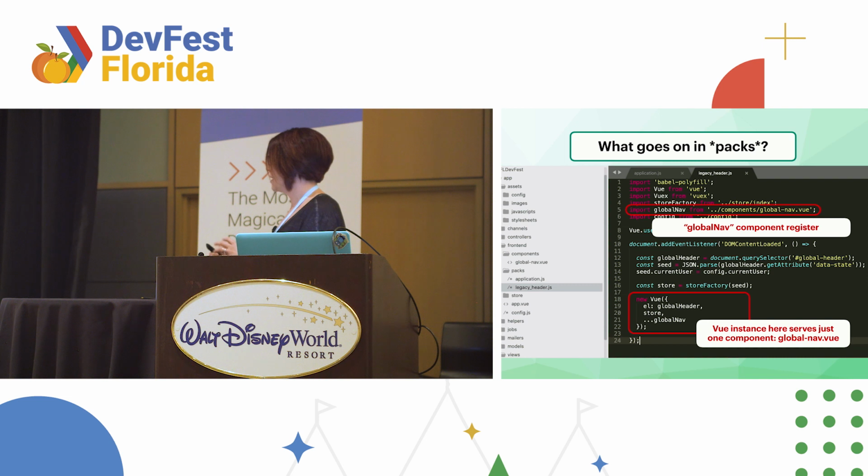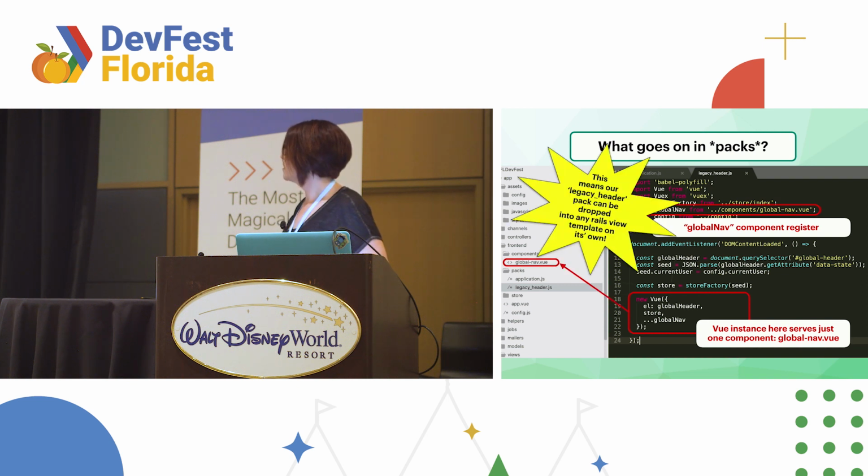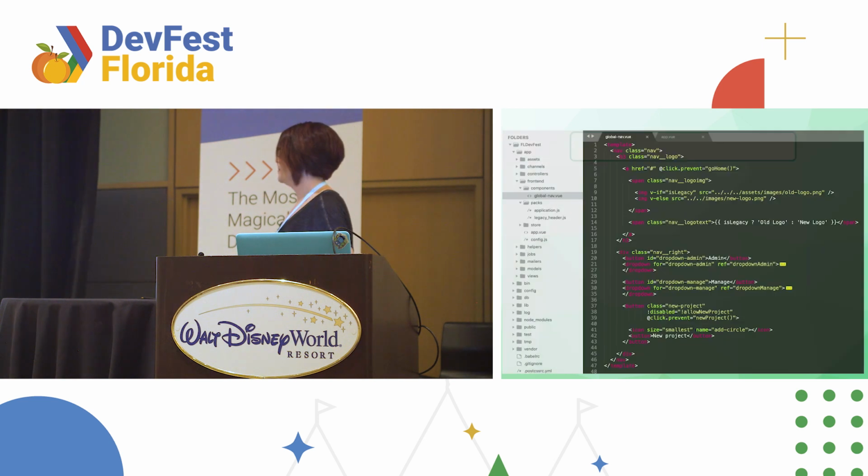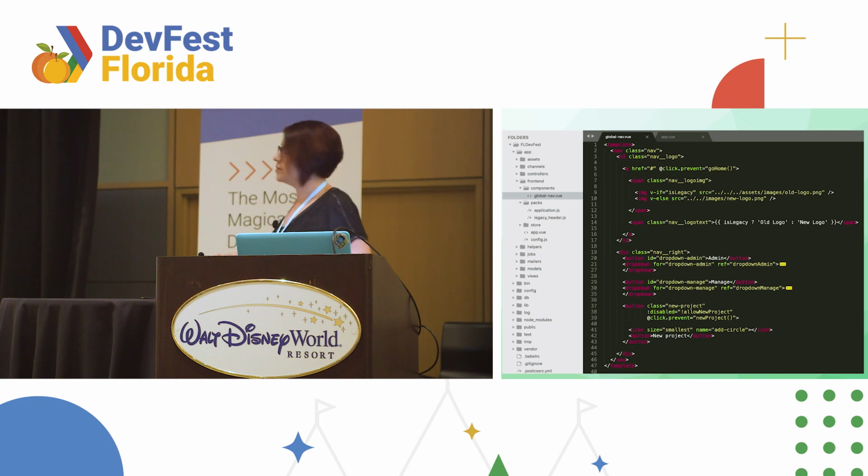It will live by itself in one space, and it will be a child of app.view in another. So there it is. And this means that our legacy header pack can be dropped into any Rails Vue template on its own by itself. So let's see that sweet component. So here we are, global nav.